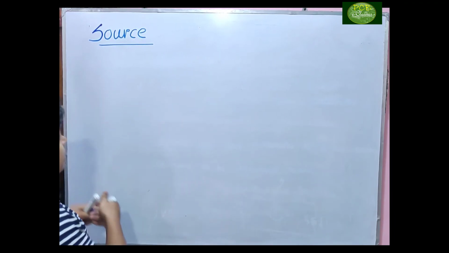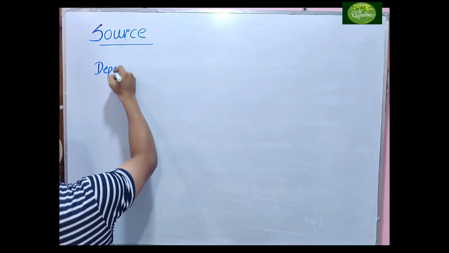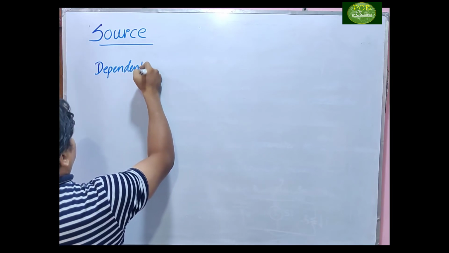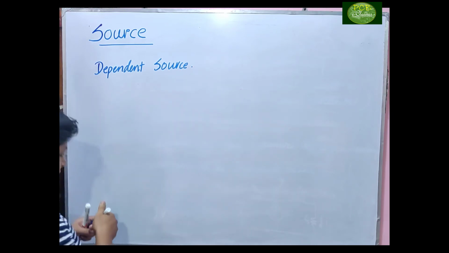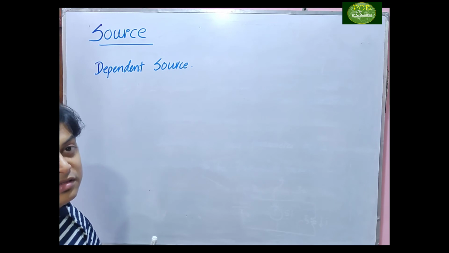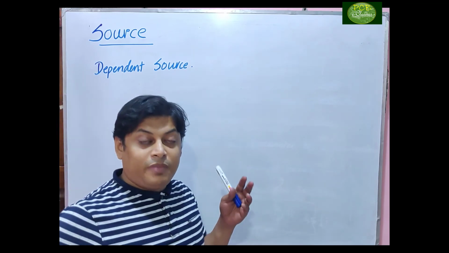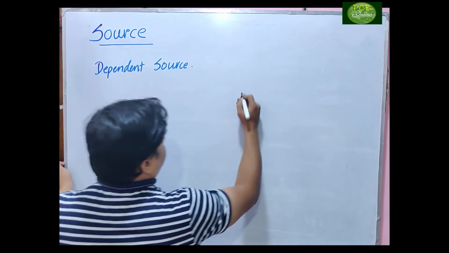Fine? Dependent source. We are dealing with the dependent now. Dependent source. What I said? Dependent sources means it is depending on certain parameter of a passive element. What are the parameters of a passive element?